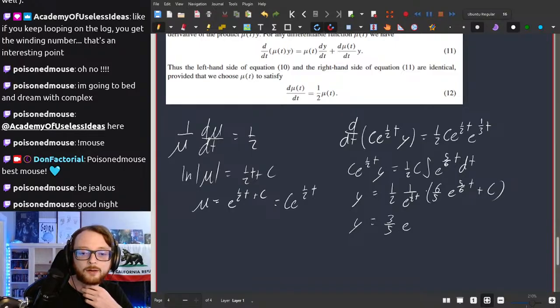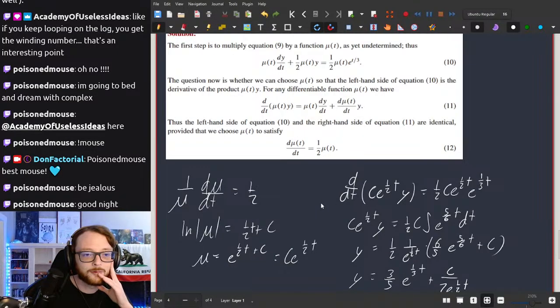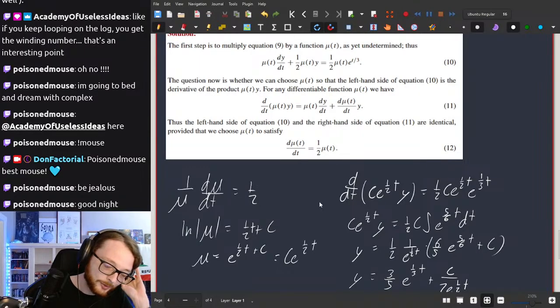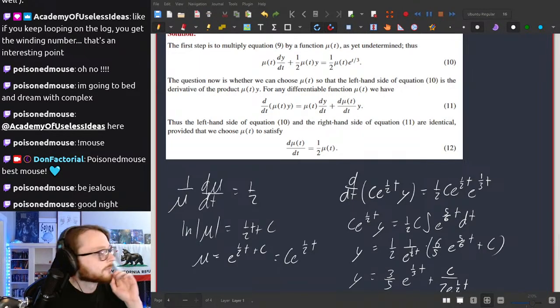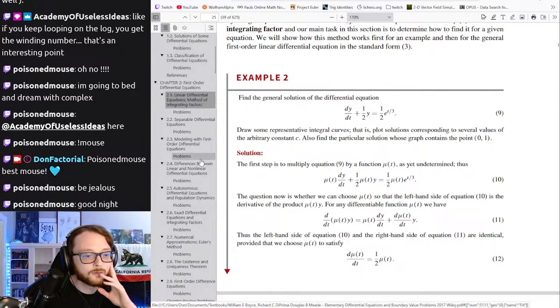Exponents subtract. We get 2/6, which is 1/3 t plus c over 2e to the 1/2 t. Okay, so that's how integrating factors work for a first order linear equation. I knew it had something to do with the product rule, I just never quite knew what. Hopefully that actually sticks in my brain and I don't forget it the second I turn off the stream.